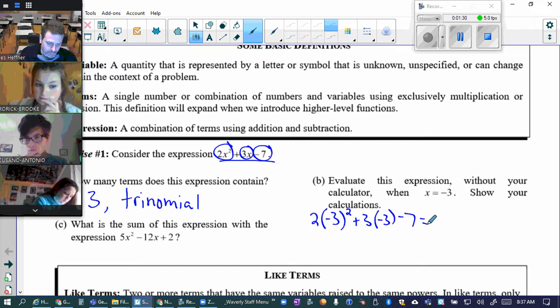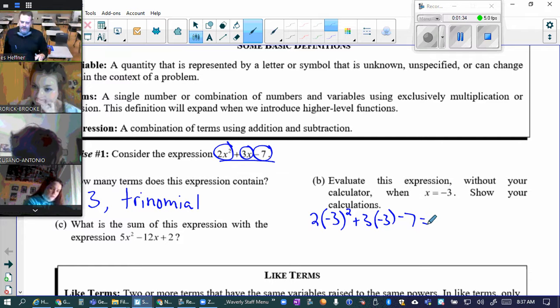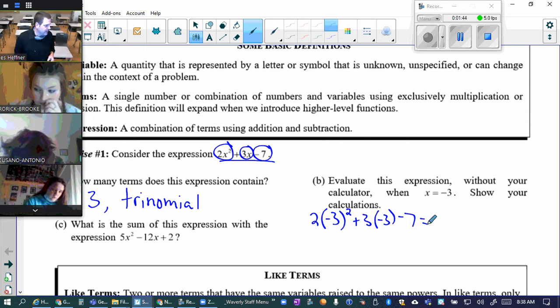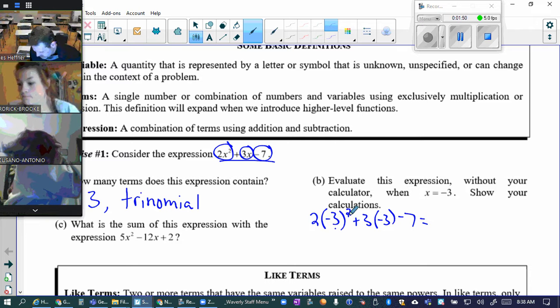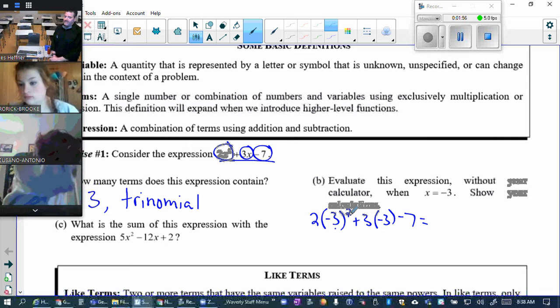Parentheses. Okay, so inside the parentheses there isn't really anything to do. It's just a -3. There's no operation in there. So then we move on to the E, which is exponents. Now I want you to be careful here. What is -3 squared? +9, right?